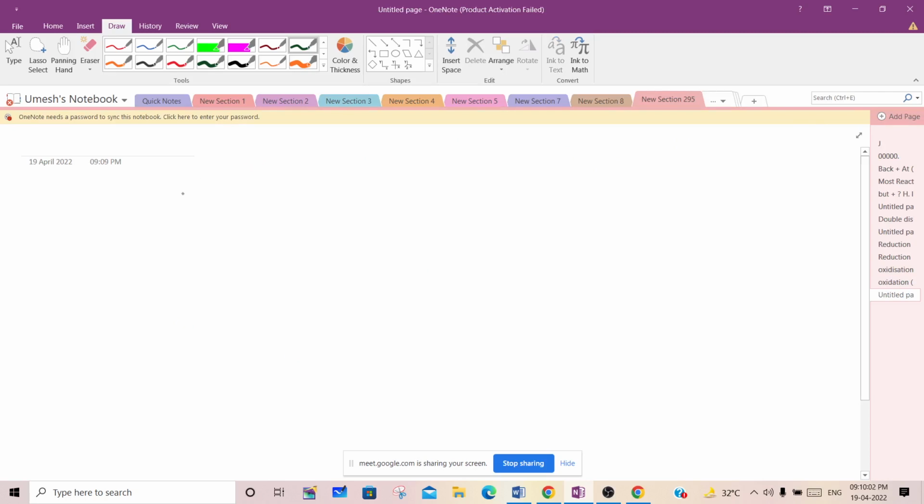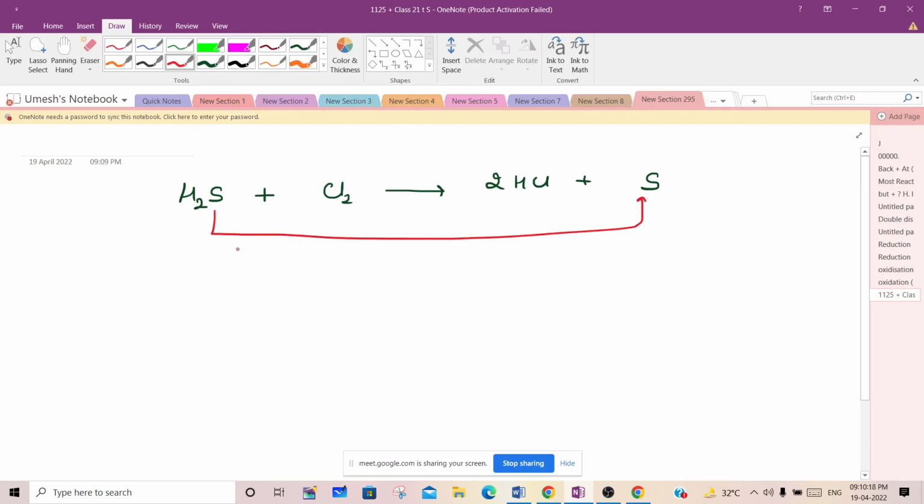Now, I'm giving another example here. H2S plus Cl2 gives HCl plus sulfur. So you can see here removal of hydrogen. What do you call removal of hydrogen? Oxidation.